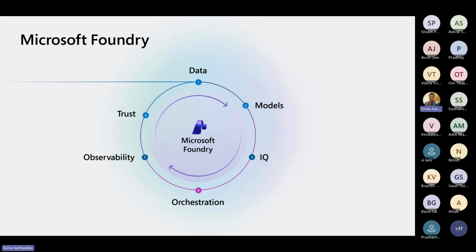Even if you are creating a simple chatbot, which may not be an agent-based application, behind the scenes we are still using generative AI models. It may be a model from OpenAI, Meta, Google, Microsoft, or some other. There are different model providers available.